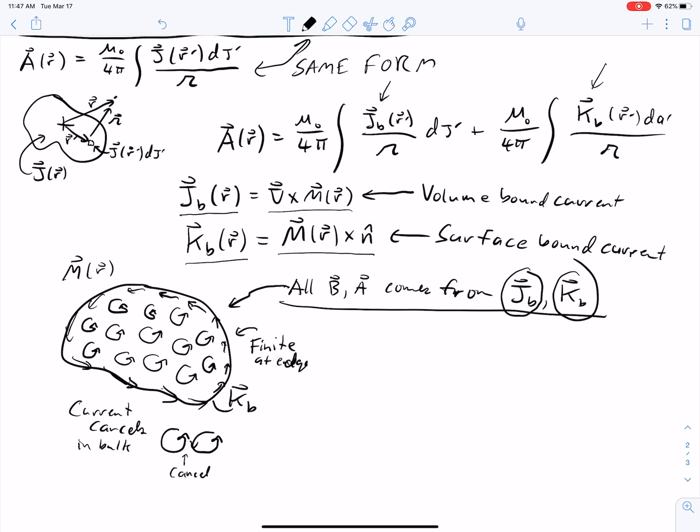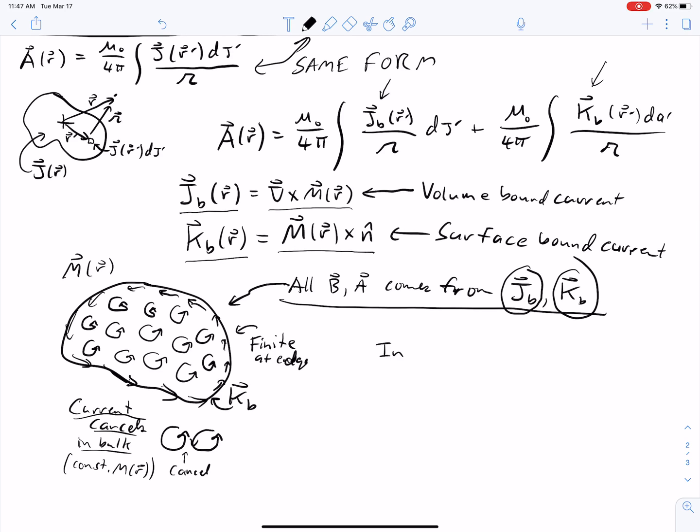And in the volume, the current cancels in the bulk, but that's only if I have a constant M. If the M is changing in the bulk, then it makes sense I could still have some current in the bulk. This is just hand waving, but I want you to get an intuitive feel for it.